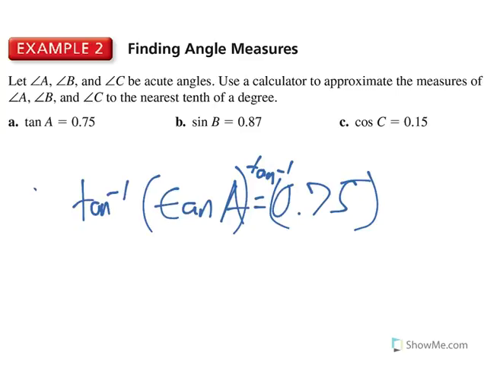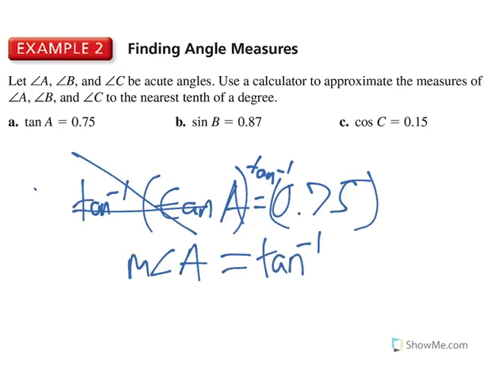On my left side, tangent inverse and tangent cancel each other out, so I'm left with just the measure of angle A. Angle A is going to equal, and on the right side I write it out exactly as I have it, inverse tangent of 0.75. Instead of using tangent like we've been doing, when I plug in inverse tangent of 0.75, it's going to pop out an angle measurement.